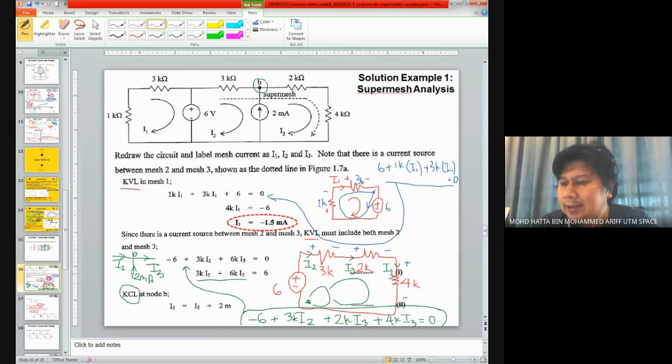If you analyze the Kirchhoff current law, sum of I in equals sum of I out. I in is basically I2 plus 2 milli, and equals I out, which is I3.